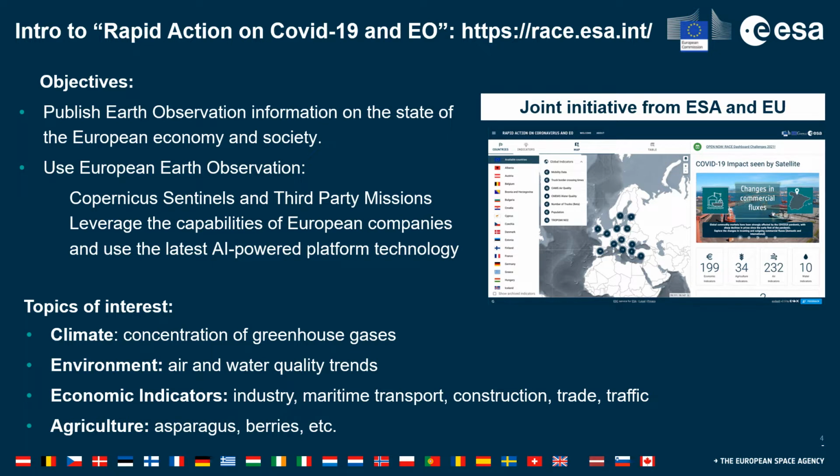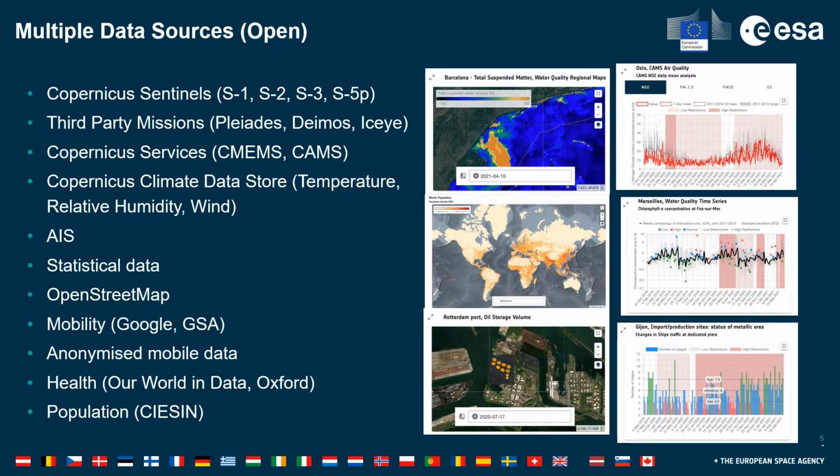There are many topics included in the dashboard, for example, climate, environment, economy, and agriculture, with indicators such as the concentration of greenhouse gases, the air and water quality trends, indicators related to industry, to maritime transport, construction, trade, traffic, and for agriculture, indicators related to crops such as asparagus, berries, etc. The dashboard uses data from multiple sources, which are listed here.